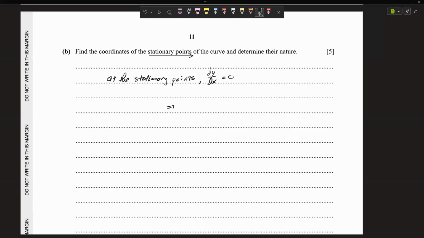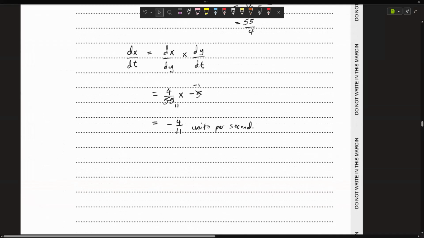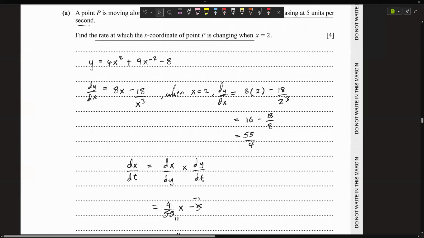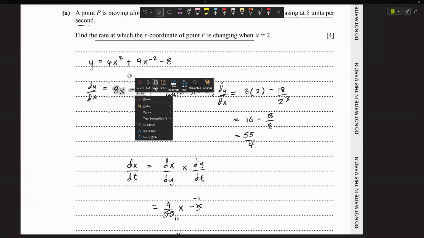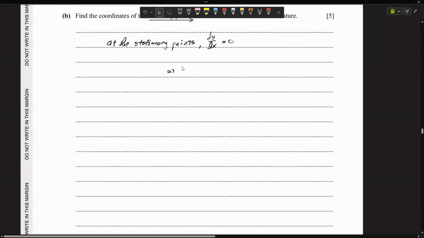So this means, I think we had done dy by dx here somewhere, and we got this. So we're just going to make use of it down here. That's dy by dx, so 8x minus that. And we will equate this to 0.